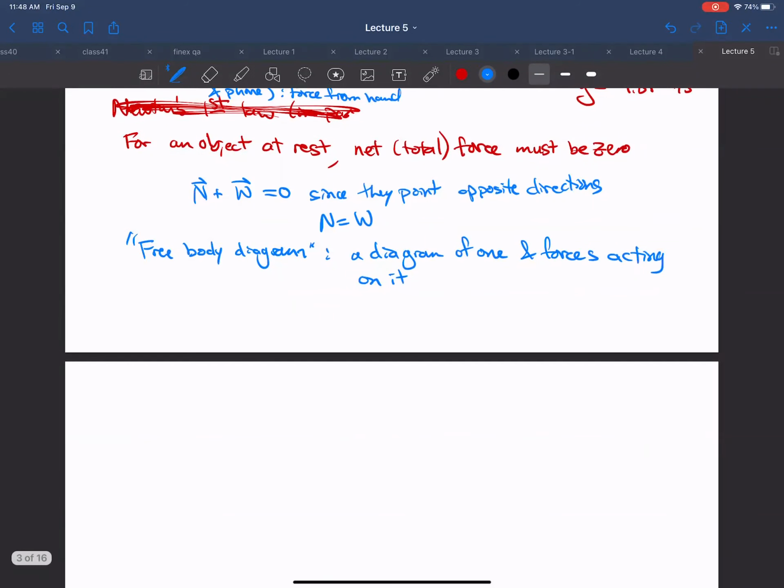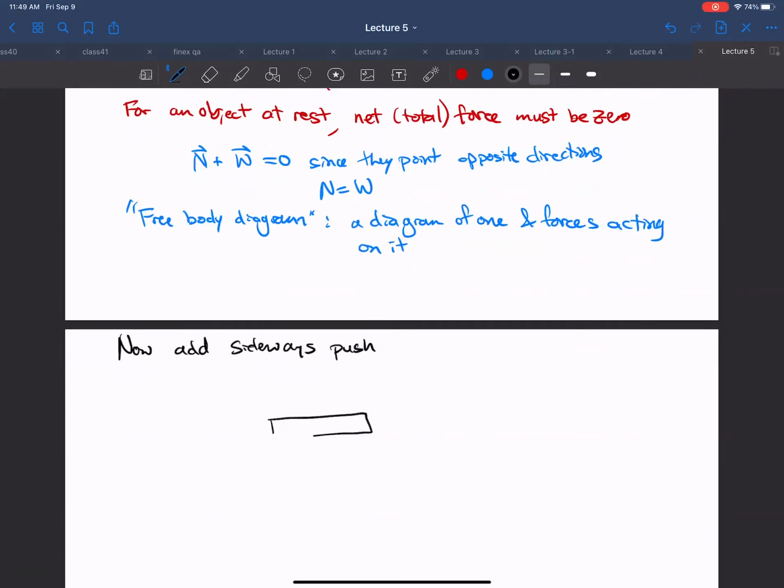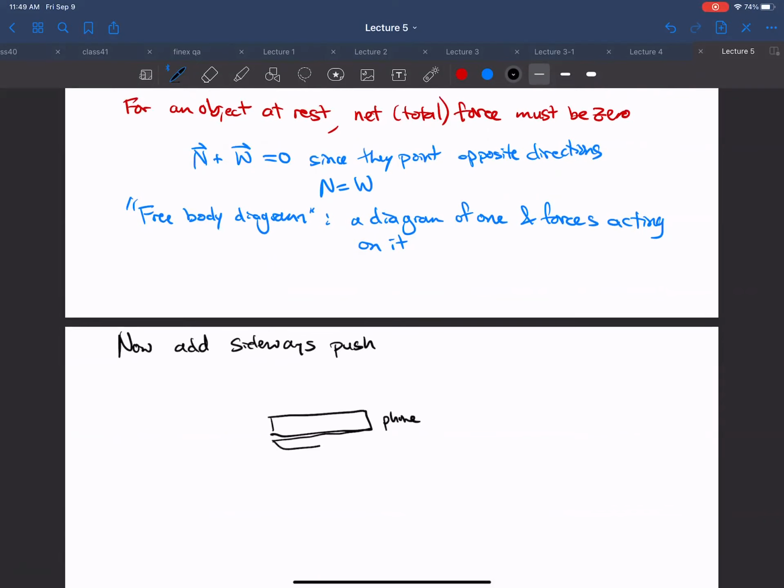So now we're going to add a sideways push. So here's the phone. Here's my hand, it's holding it. So we'll put in the two forces that we already had, the weight pushing down, the normal force going up. But now I'm also adding another push like this.